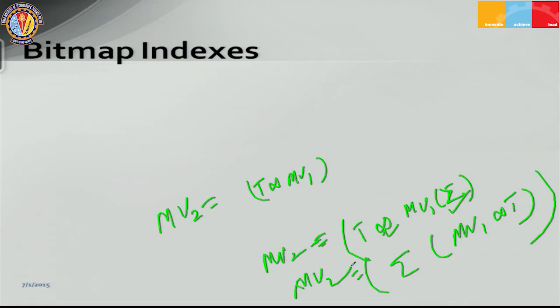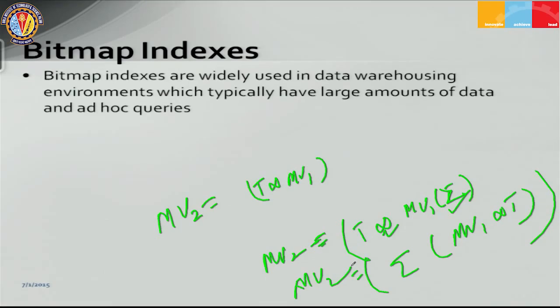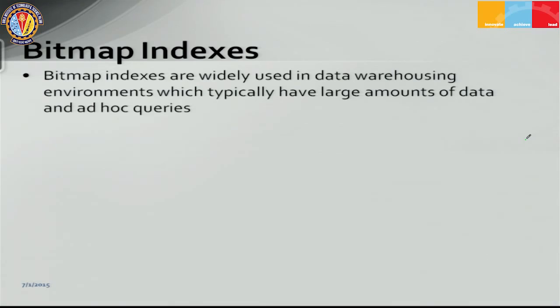Then let us come to bitmap indexes. Again, this has already been covered, right? So there's nothing much to add here. I'm just adding some more perspectives. Bitmap indexes are widely used in data warehousing environments, which typically have large amounts of data and ad hoc queries.